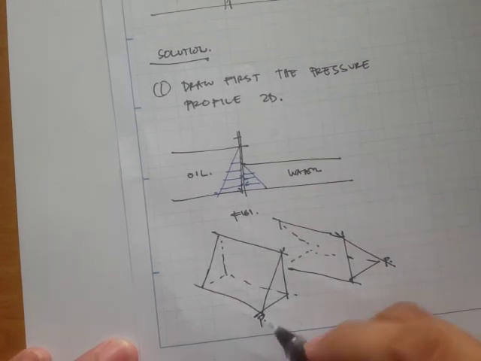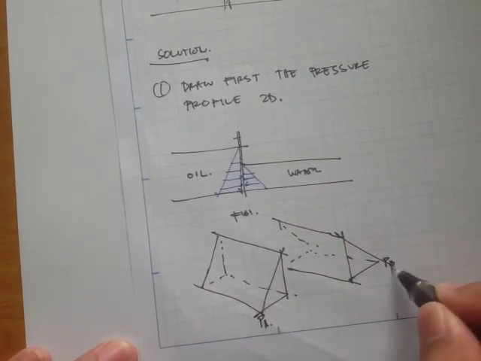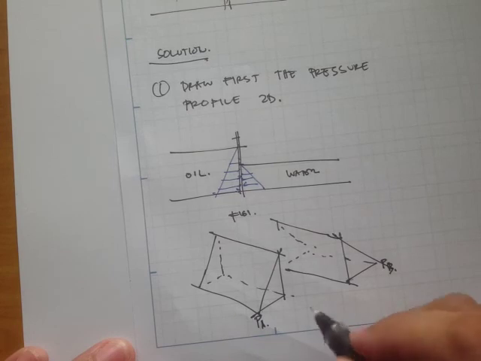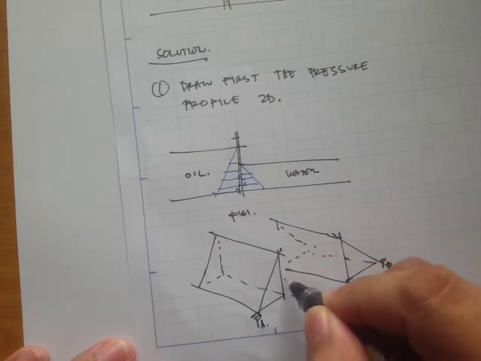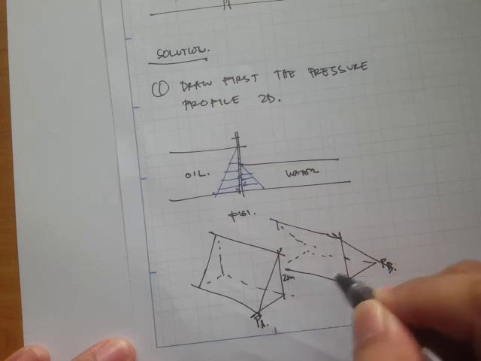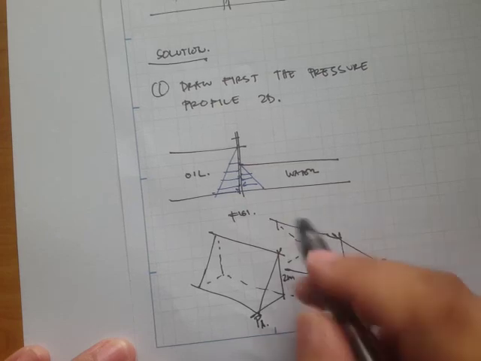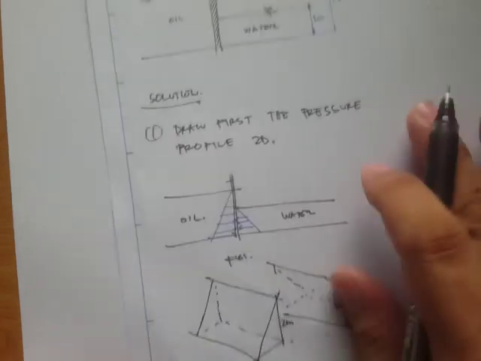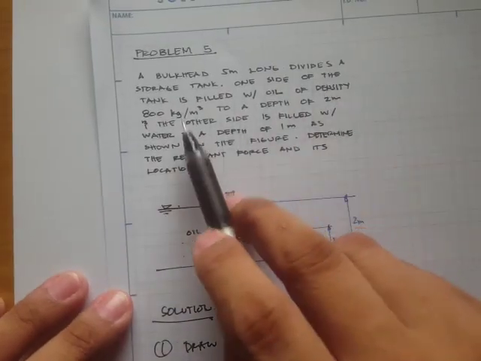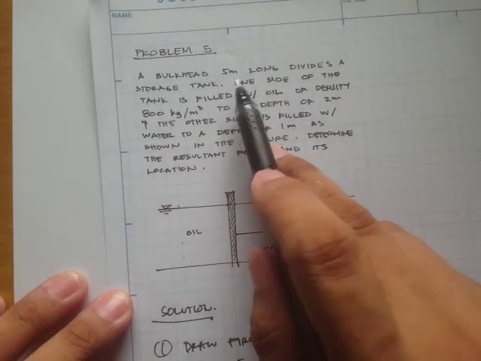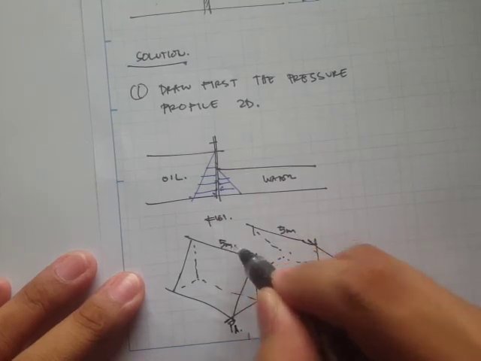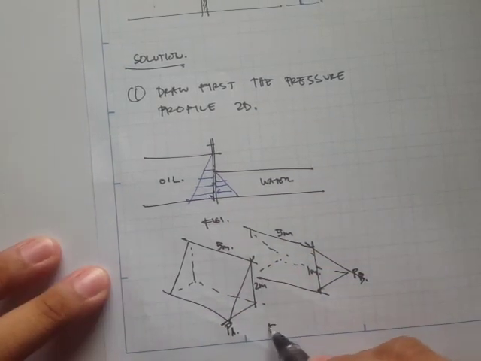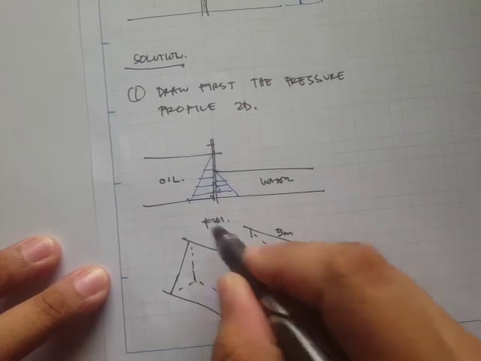Let's say this is pressure A, and then this is pressure B, and we have a height for the oil side that's 2 meters, and this one is 1 meter, and at this length right here, it says a bulkhead 5 meters long. So this one is 5 meters, and this one is 5 meters as well. Let's say this is figure number 2.